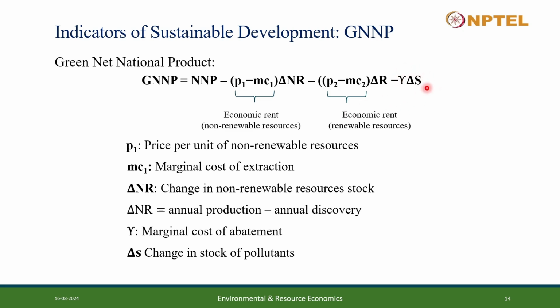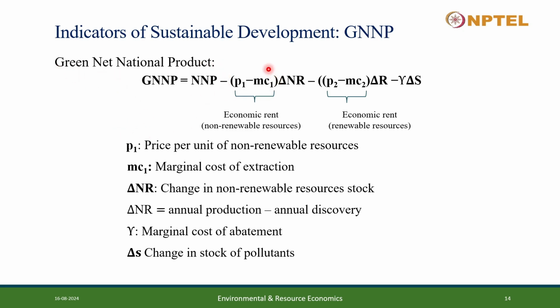So let's say that if you are emitting delta S amount of pollutant, and the marginal cost of abatement is lambda, then if you multiply this, you will get the cost of emission. So if you subtract the cost of emission and the cost of usage of renewable and non-renewable resources, then you will get the actual value of a nation's income. So that will be accounted on the basis of green net national product.